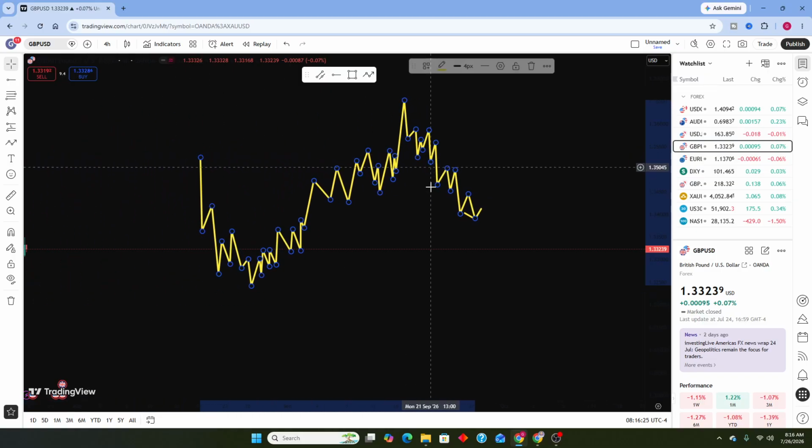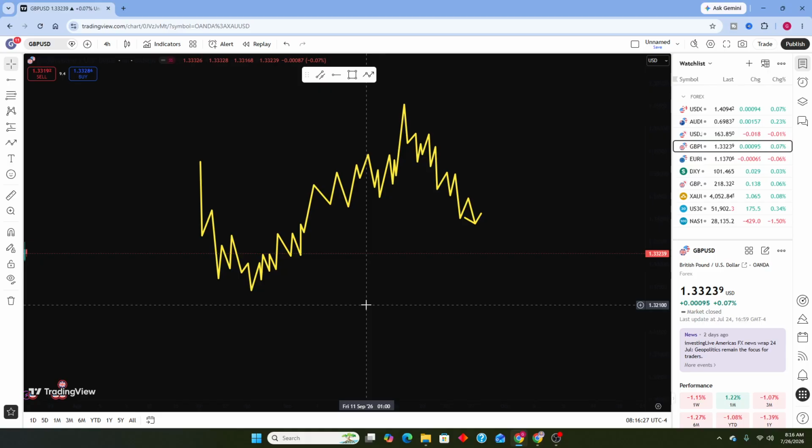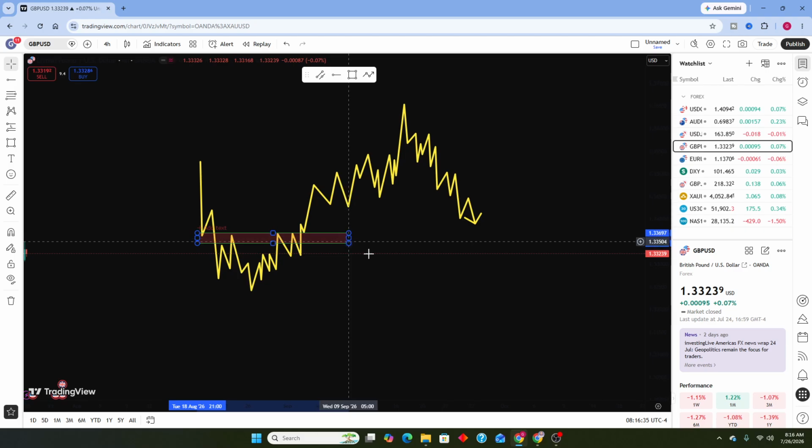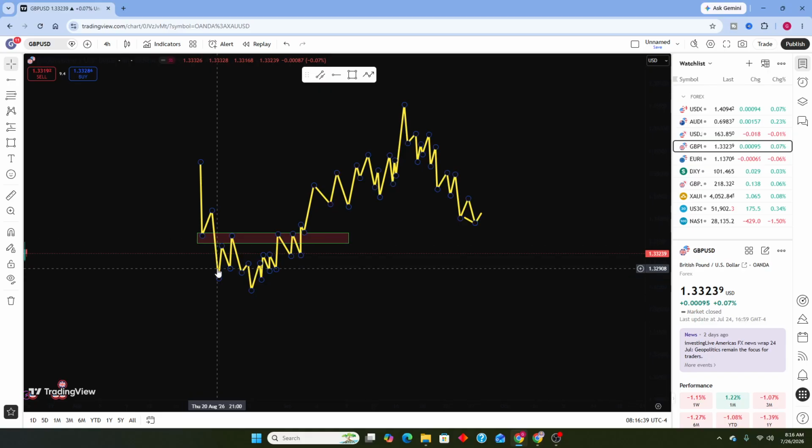Bring this over here. So what do we see? Price came down. Price in the downtrend, broke these lows, used it as resistance, broke down, came down, okay.